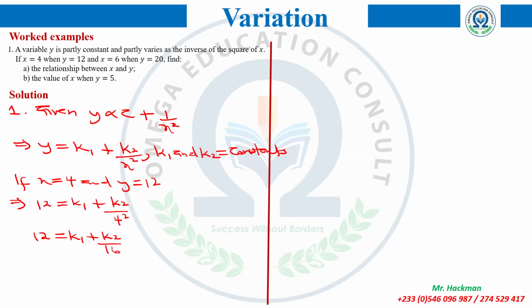Like I keep saying, usually we don't label an equation containing a fraction. So we are going to clear the fraction. You multiply through by the LCM, which is 16.